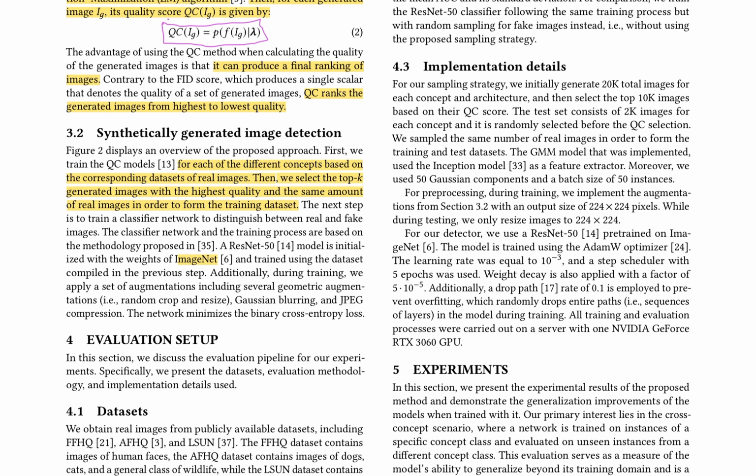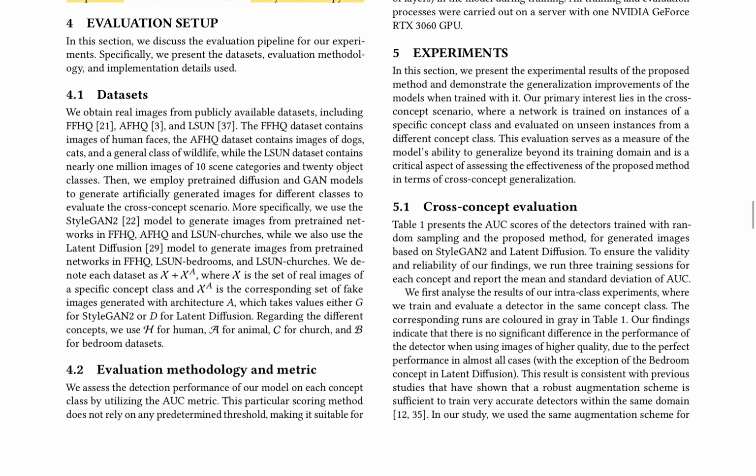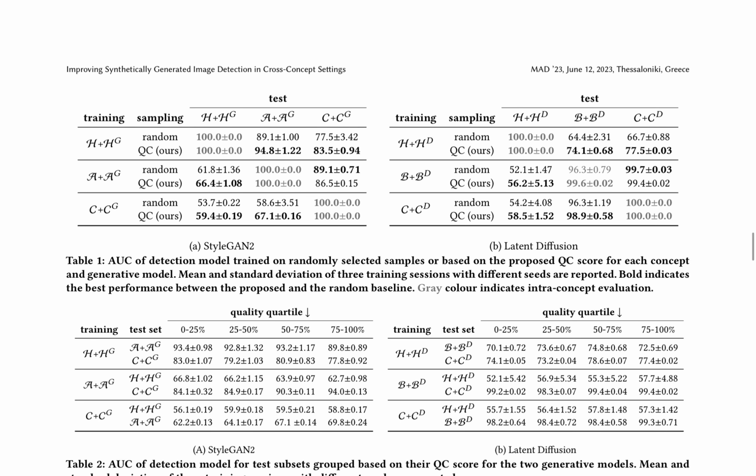Additionally, during the training, we apply a set of augmentations, including several geometric augmentations, random crop and resize, Gaussian blurring, and JPEG compression. The network minimizes the binary cross entropy loss. Very interesting approach. Let's see their evaluation approach and what they have generated.